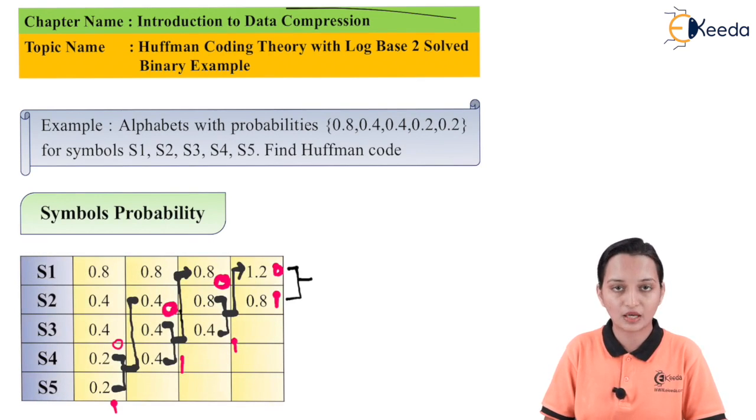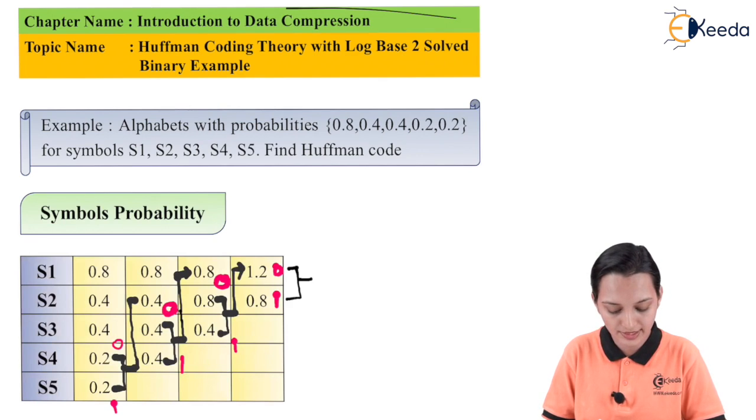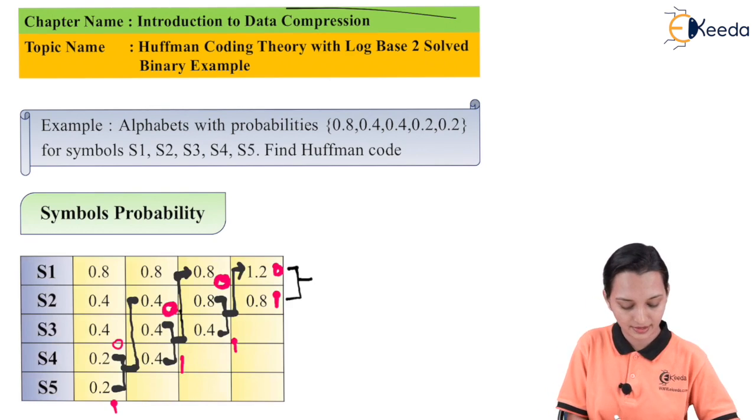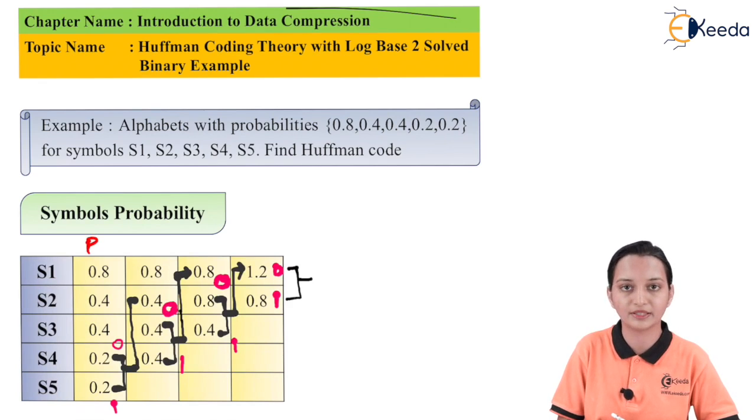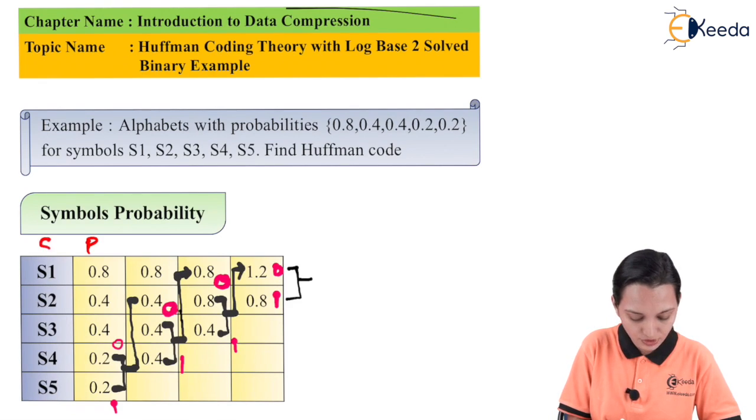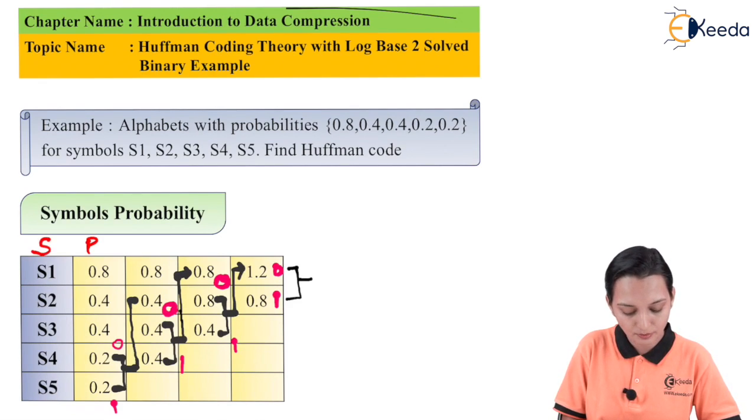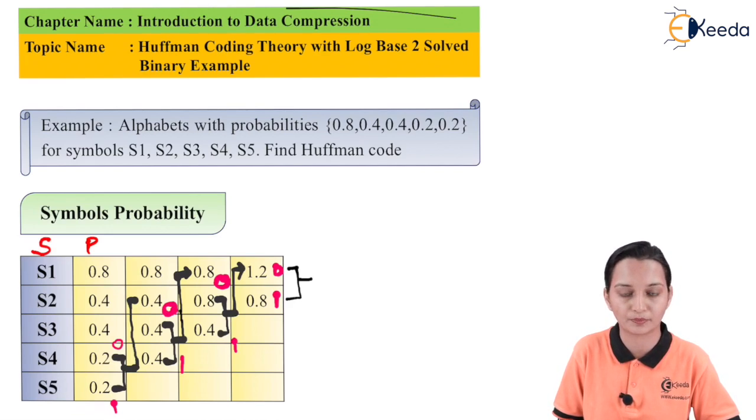So the given alphabets with the probabilities are 0.2, 0.4, 0.4, 0.2, 0.2. Simply we are having 5 probabilities. These are nothing but probabilities, and these are nothing but symbols: S1, S2, S3, S4, S5. And the question is find Huffman code.